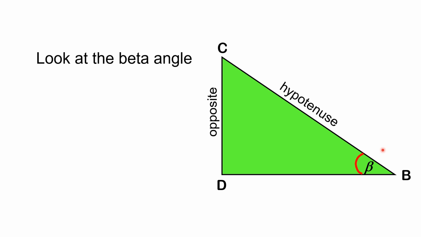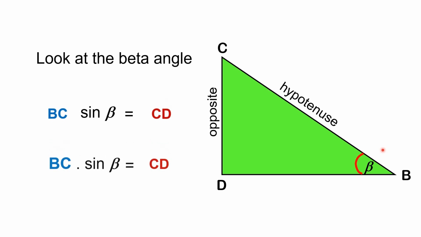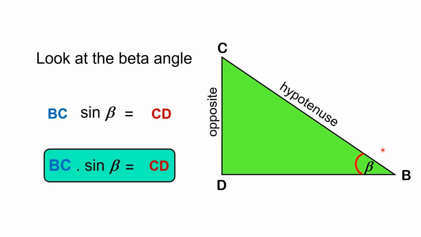So sine beta is CD over BC. Focusing on CD, we change it to the multiplication of side BC by sine beta. This is the second result.